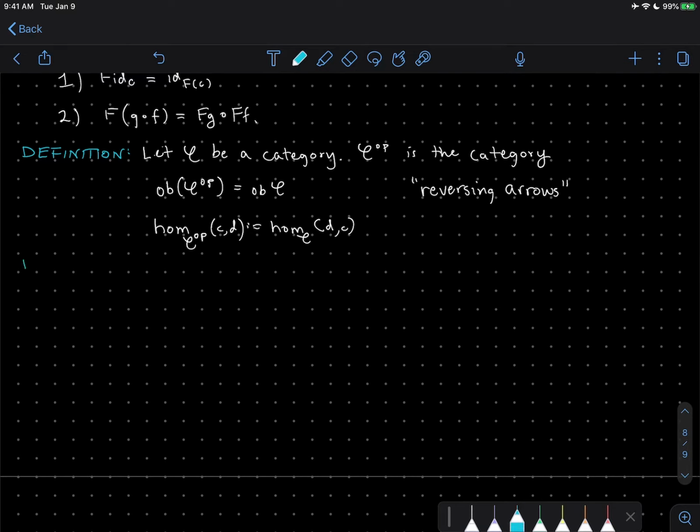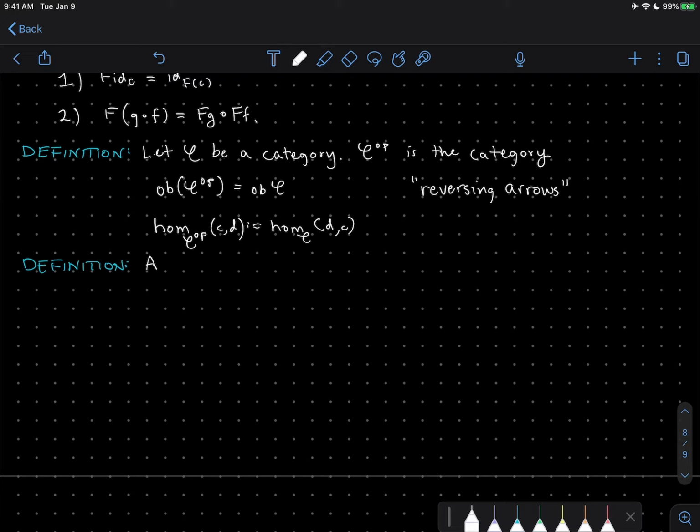So we have a different name for functors out of opposite categories. So a contravariant, yikes, I'm still getting used to this writing on the iPad thing.